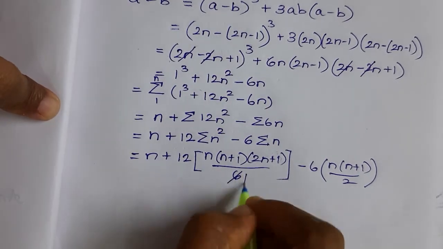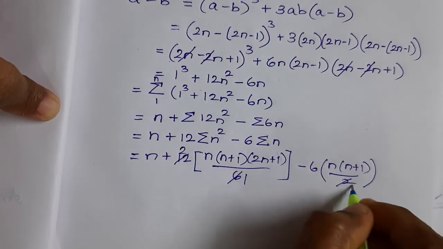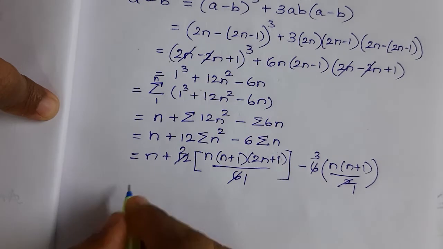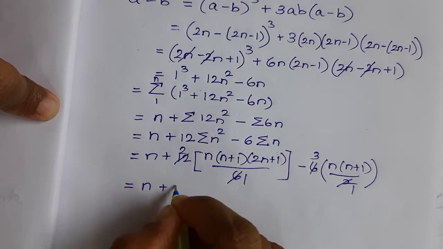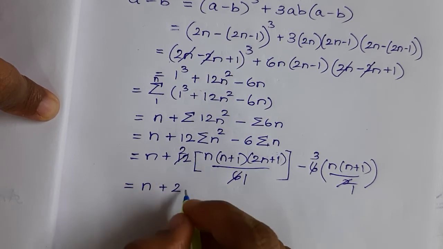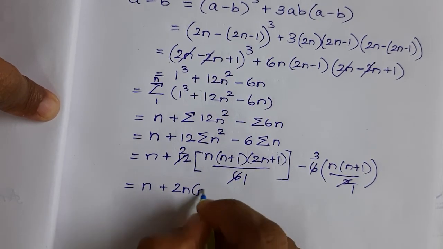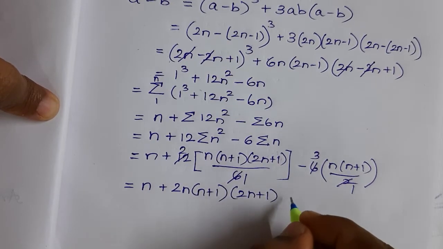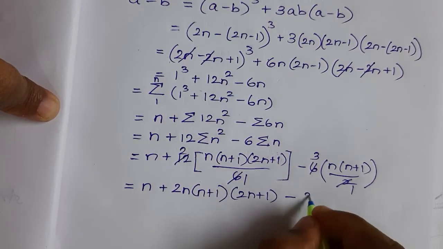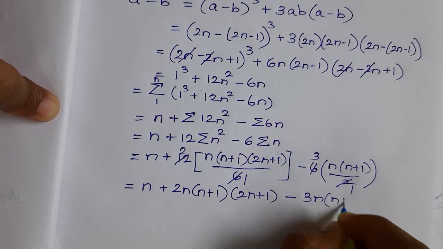Now we can reduce: 6 ones are 6, 2 twos are, 2 ones are 2, 3 threes are, and then multiplying within. So n plus 2 into (n plus 1) into (2n plus 1) minus 3 into n, that is 3n into (n plus 1).